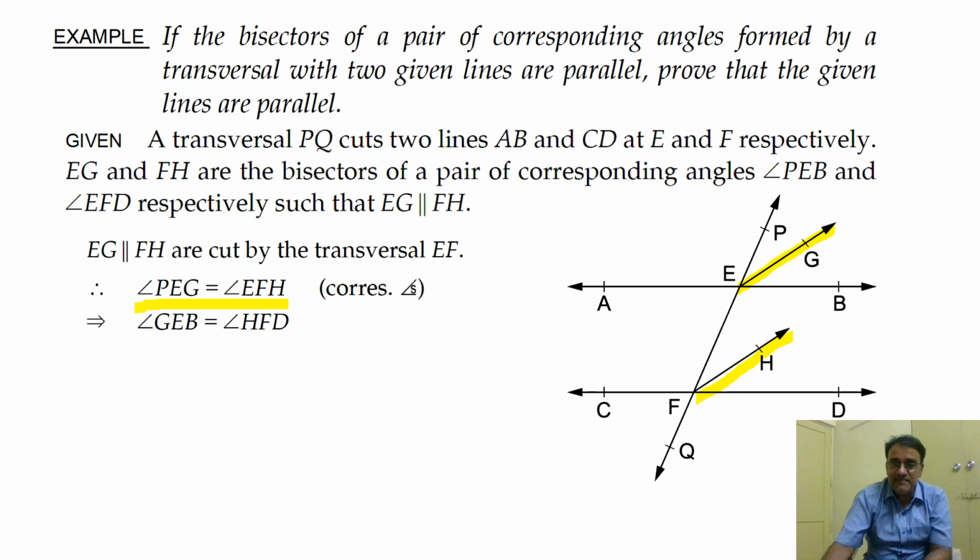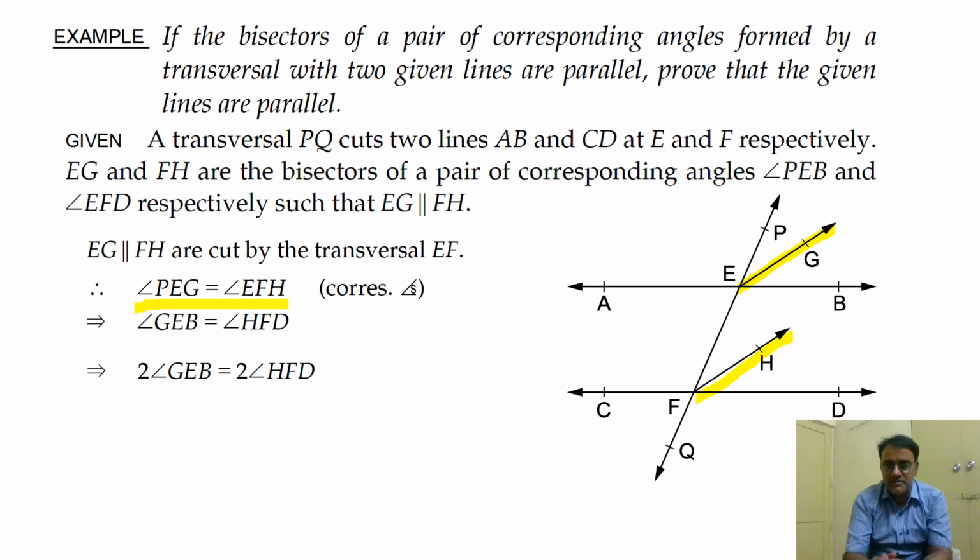Which angle is this? This angle and this angle will also be equal, because EG is the bisector of this angle and FH is the bisector of this angle. Okay, let me erase this.